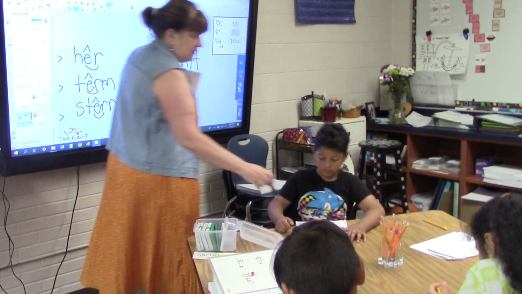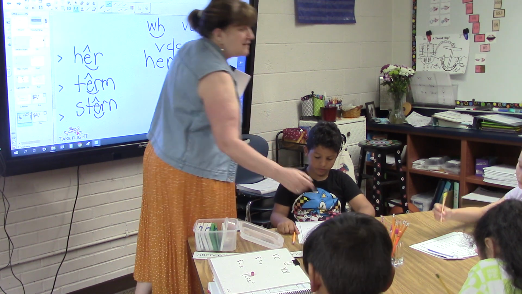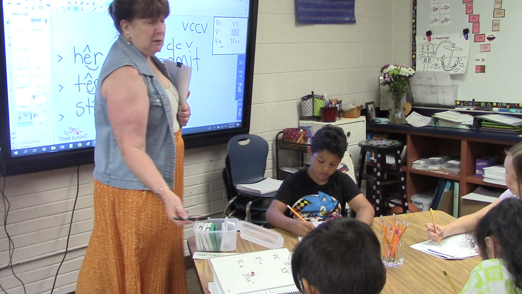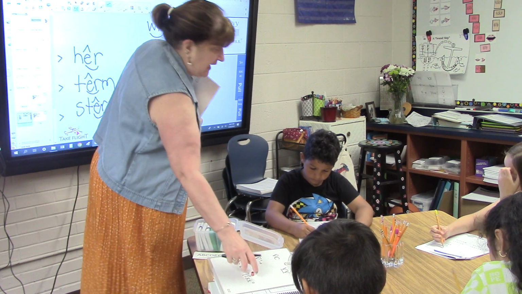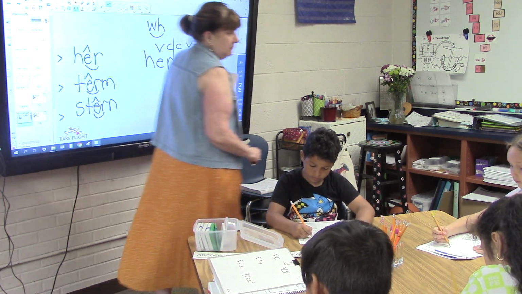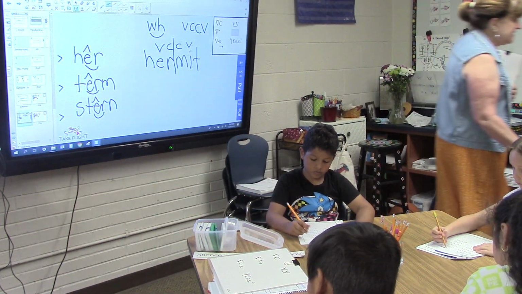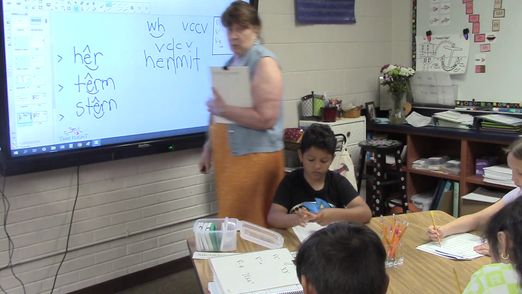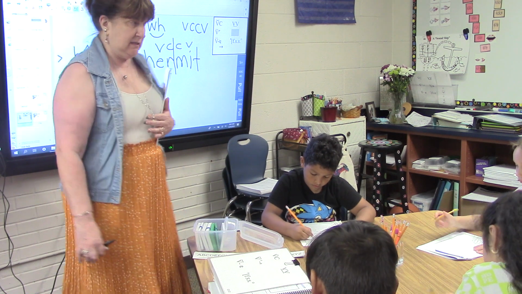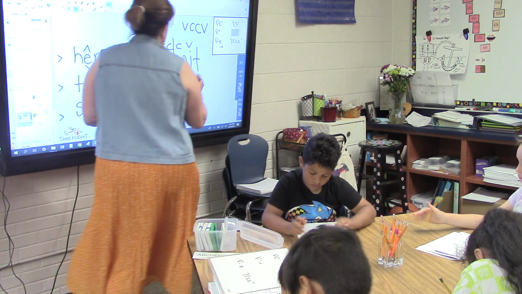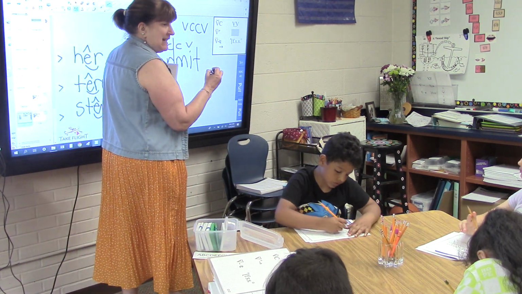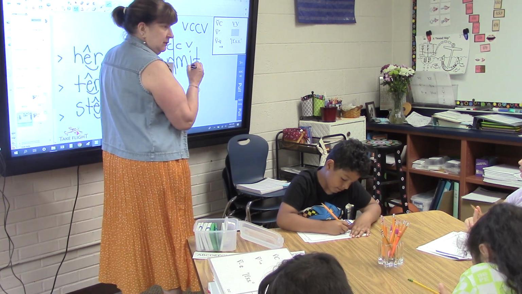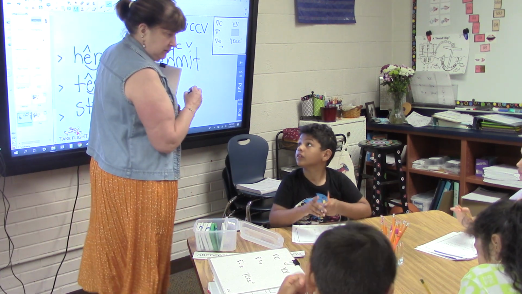You can go ahead and do the second one too, because it's the same word. Now we have to decide on the accent. We either have to put the accent on the first syllable or the second syllable, right?